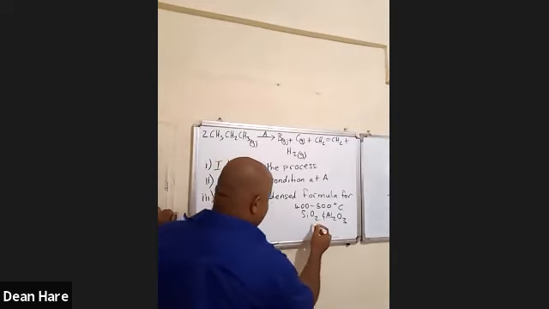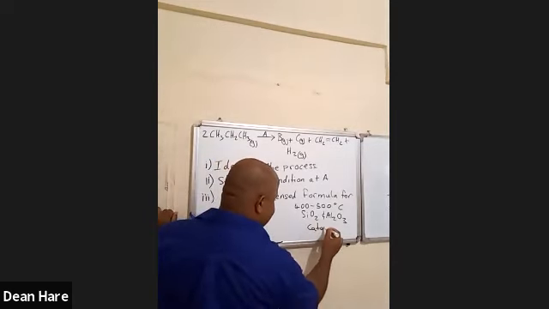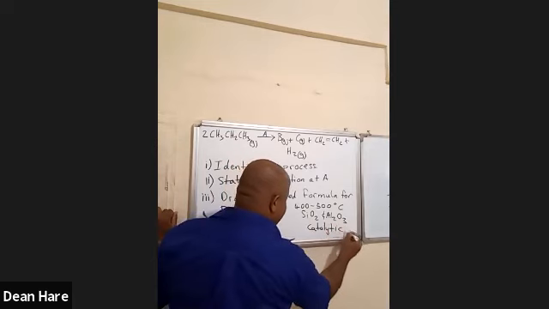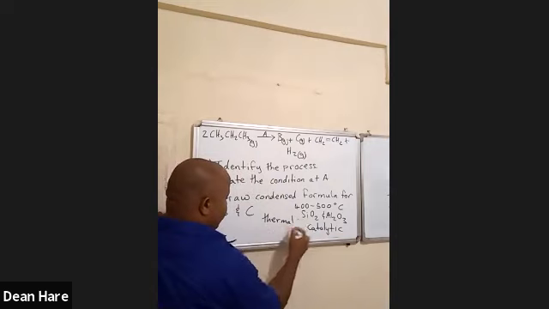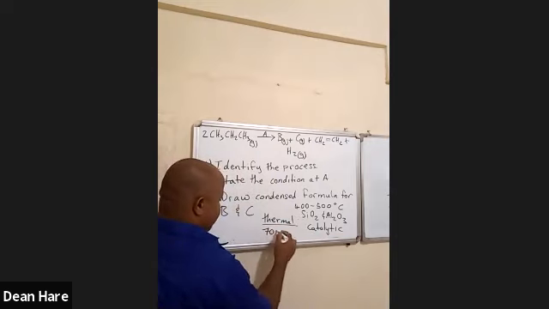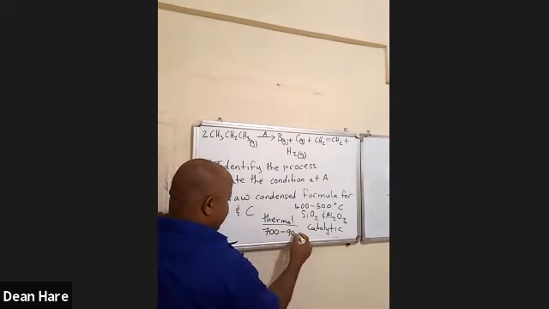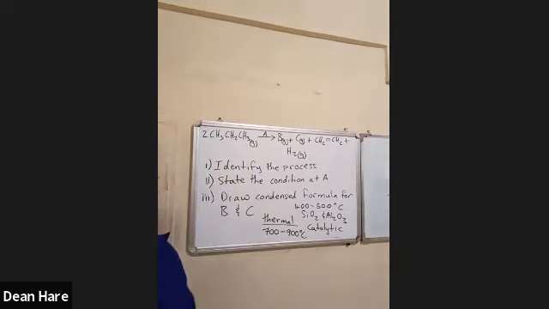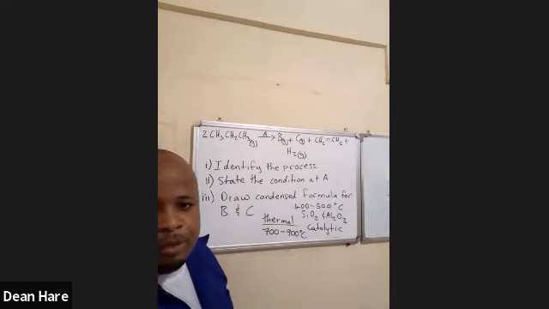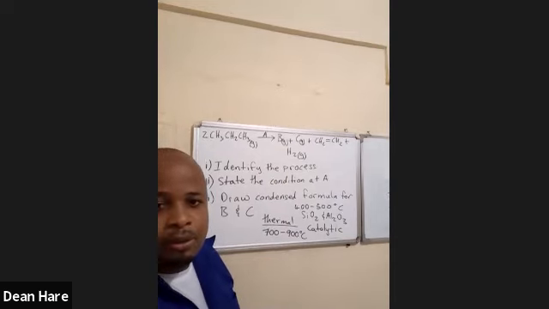So this is for the conditions for catalytic cracking. If it's thermal, again, I took these numbers from the CAPE chemistry study guide, so if you use different sources, it might vary a little.